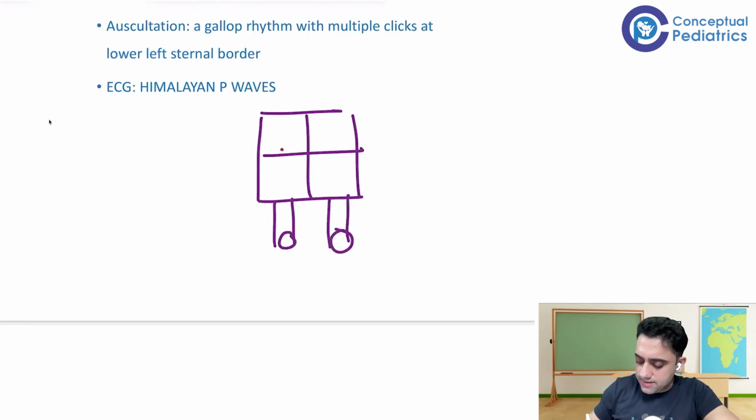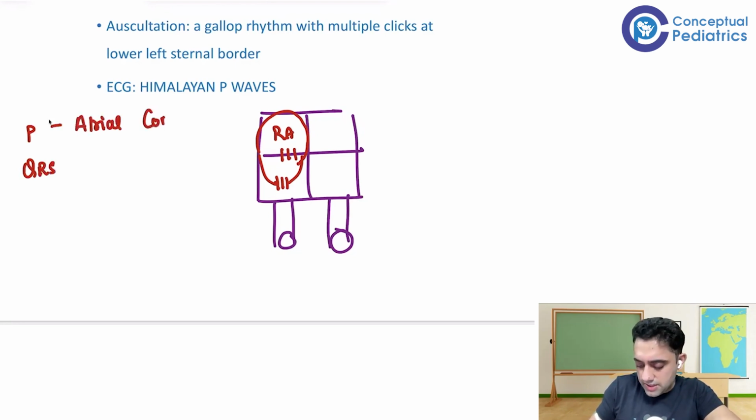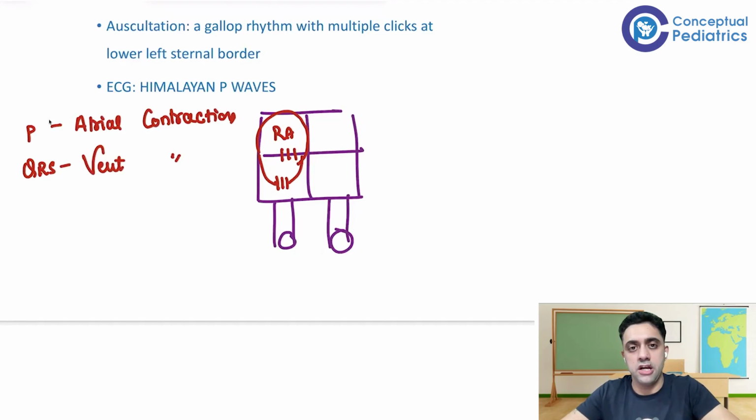We all know there is a downward displacement of the tricuspid valve and the right atrium is bigger. How do you read an ECG? P wave causes what and QRS wave causes what? We all know the P wave causes atrial contraction, and the QRS causes ventricular contraction. Very simple, very easy.